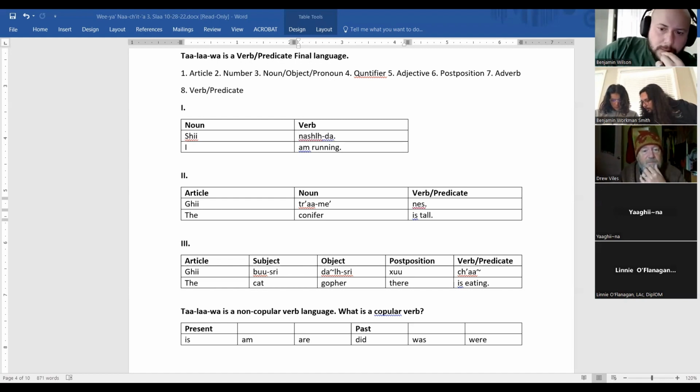So Gibushri, if I just skip it and just say Gibushri chong, the cat is eating, right? Now Gibushri don't tree, who chong. So the cat owns the verb, the object is the gopher, it is eating it. You see what I'm saying? So think of the subject as always owning the control of the verb.